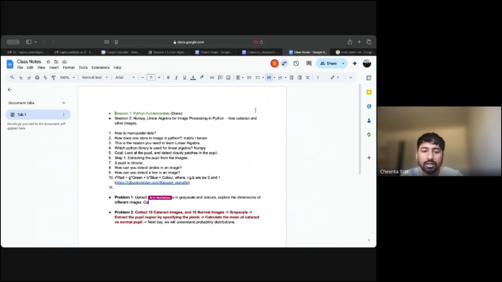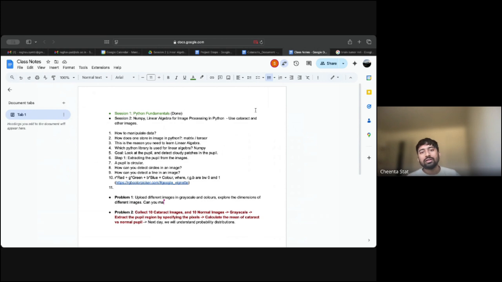This is a problem you should think about. A grayscale image is also an image, right? So I would ask you to find out whether the pixel of a grayscale image can be expressed as some RGB values.